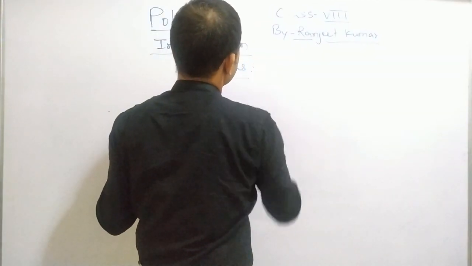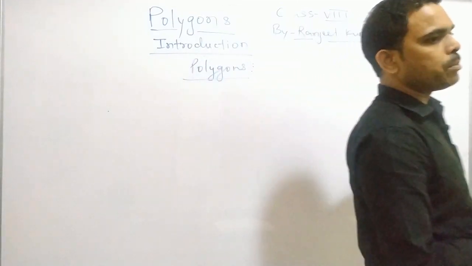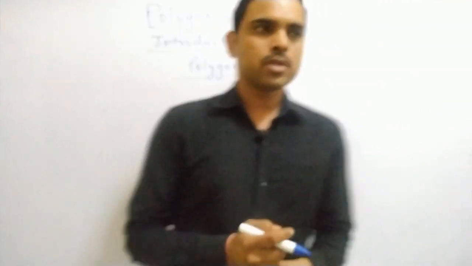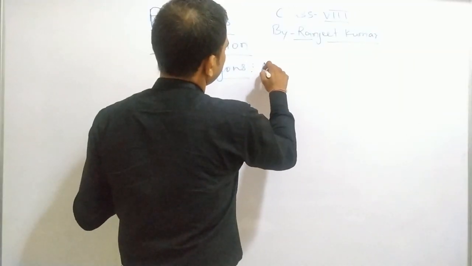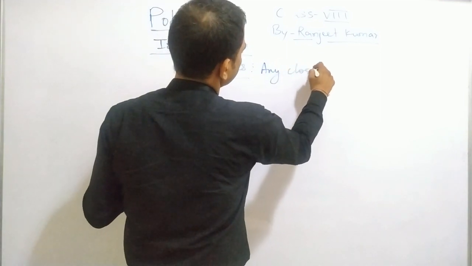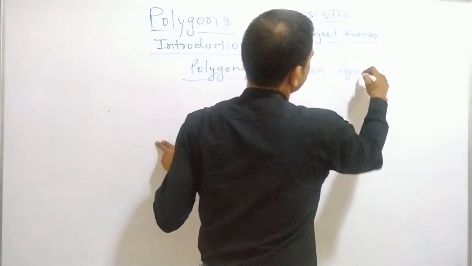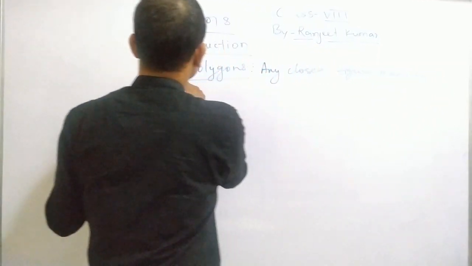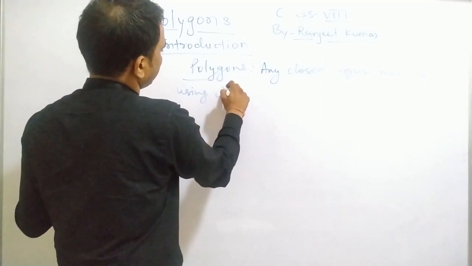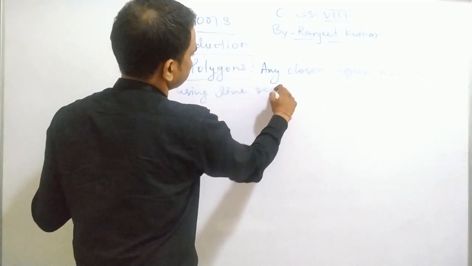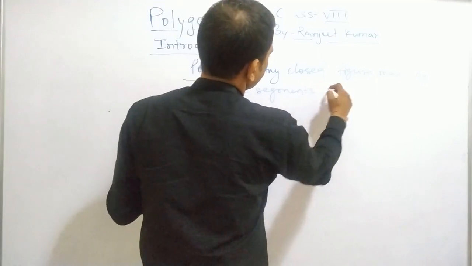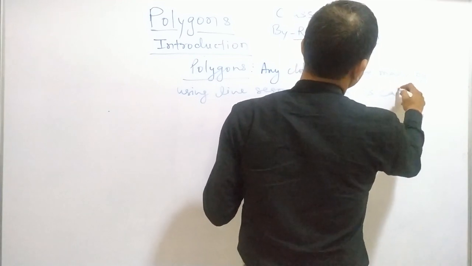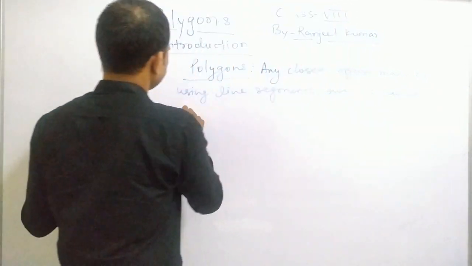Any geometrical shape made by using only line segments, or any closed figure made by using line segments only, is called a polygon.